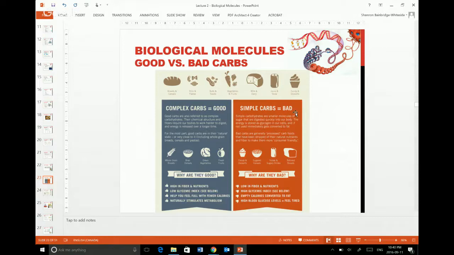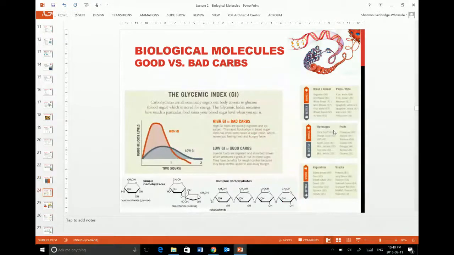Bad carbs are simple carbs. These are those monosaccharides and disaccharides, very simple, very easy to break down, and usually coming into the body with very few other nutrients. So how and why are these so good or so bad? This comes down to the concept of the glycemic index.